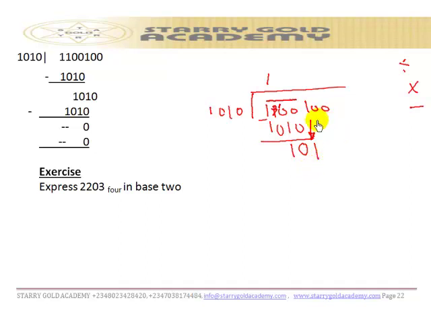The moment you step down two numbers from your bank, then you have to put 0. You have to put 0. Why? Because you brought down two numbers at the same time. When you are bringing down two numbers at the same time, then you have to write 0 at the top there.